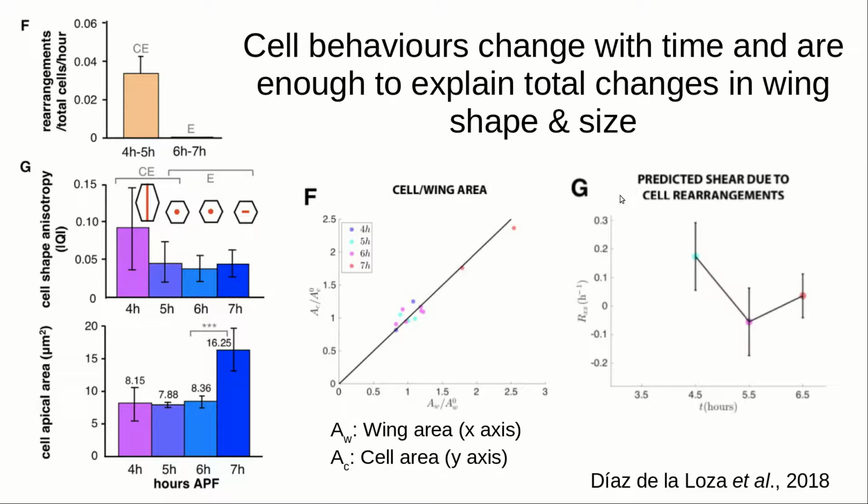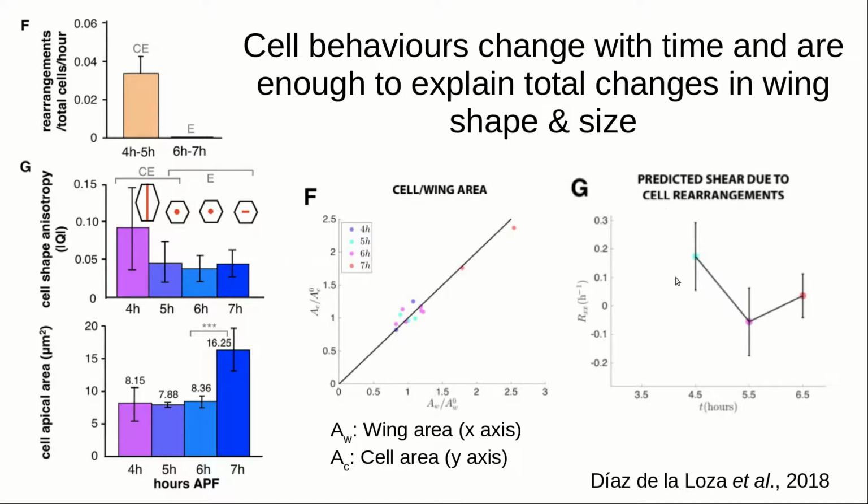And as you can see, the correlation is very high, so most of the change in tissue area is determined by changes in cell area and not by any other mechanism.